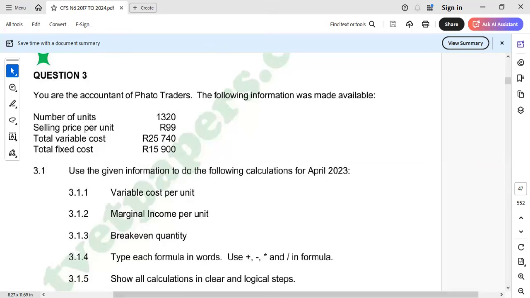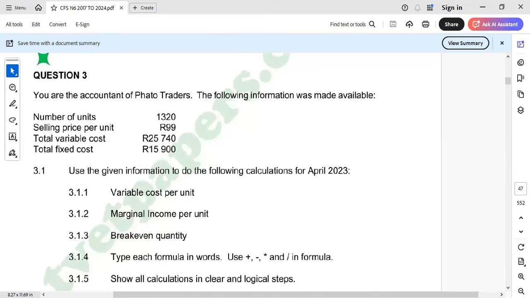Okay, let us go there. The amount was 25,740. You can just say divided by number of units, which is how much?